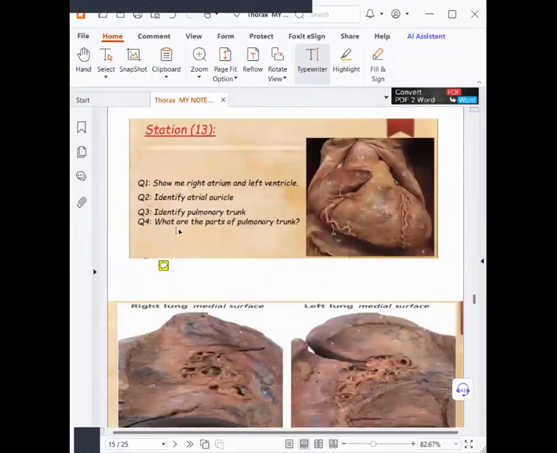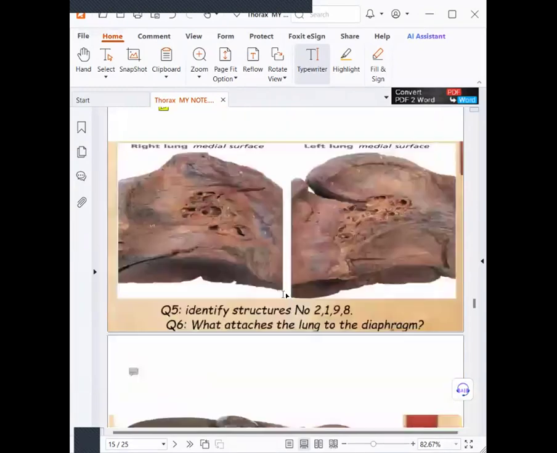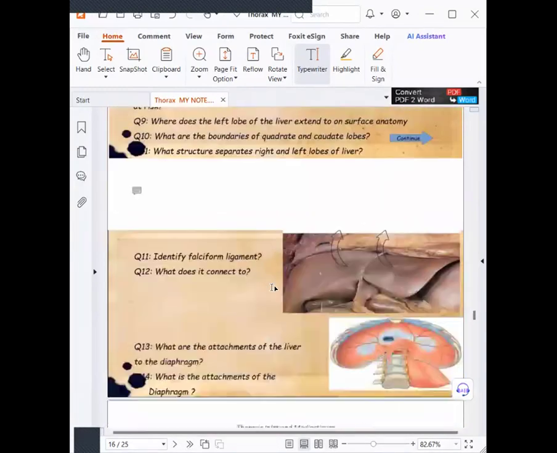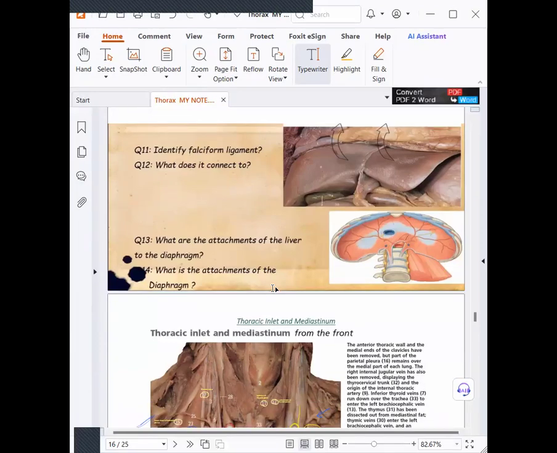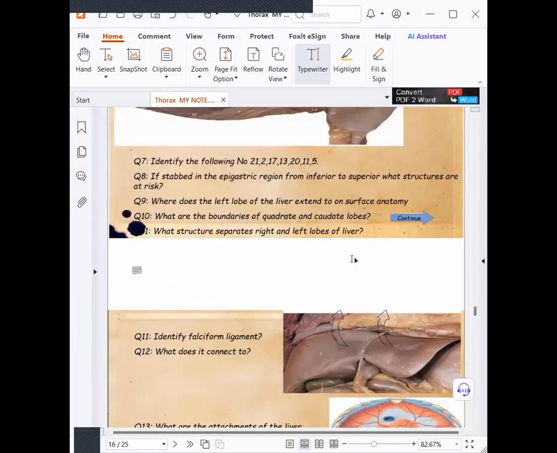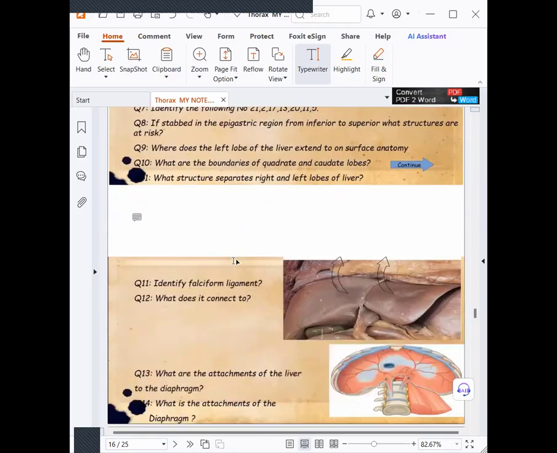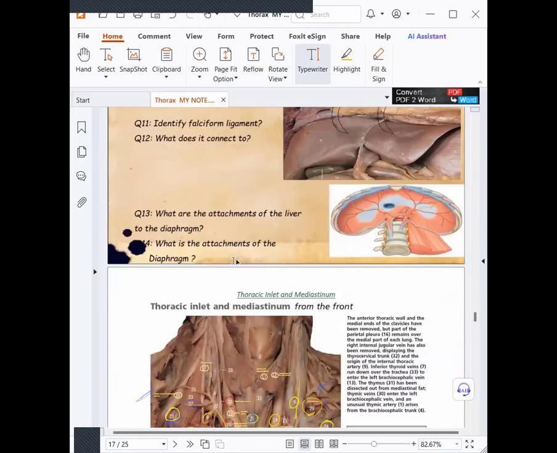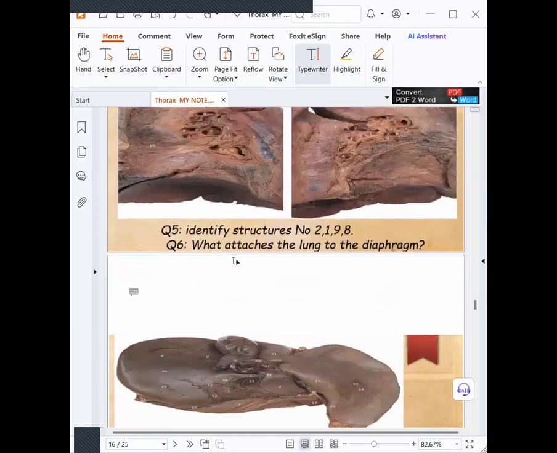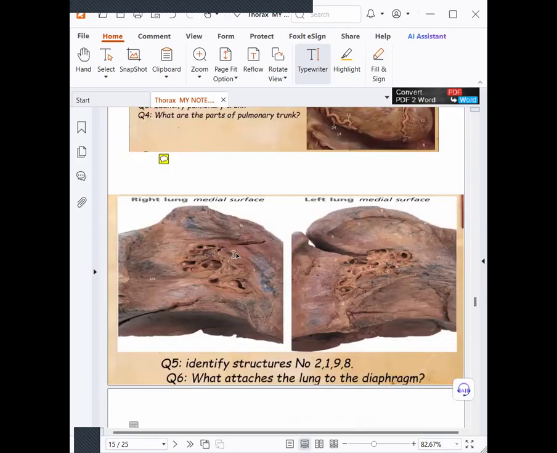Okay. You can ask me, I will try to answer this one. Isn't this station old? I think this is not the complete one, because here there is some liver, but in thorax we don't have liver. Yes, let me check. There is a new station, liver, in Pune.